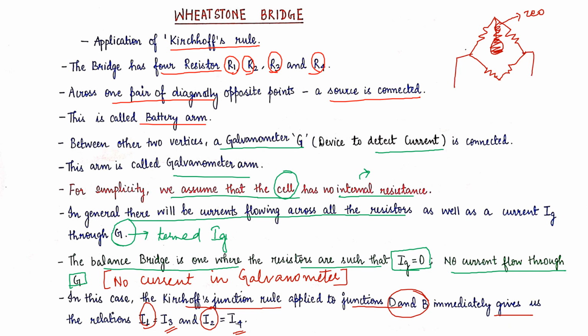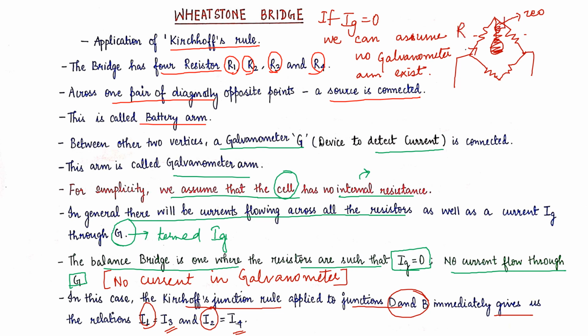No galvanometer arm exists. If Ig equals 0, we can assume no galvanometer arm exists.